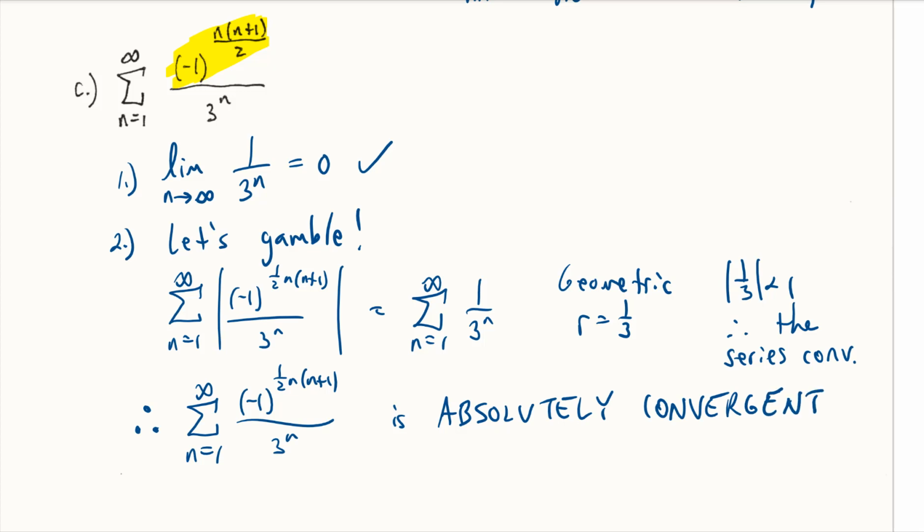Because look, I think we'd all agree, convincing someone that a geometric series converges by looking at the common ratio is way easier than doing the alternating series test. So, in my opinion, this was the better way to do this, to go ahead and gamble. Notice that all positive terms would be a geometric series with r equal to 1/3, so we can pretty quickly show convergence. Therefore, the given alternating one converges.